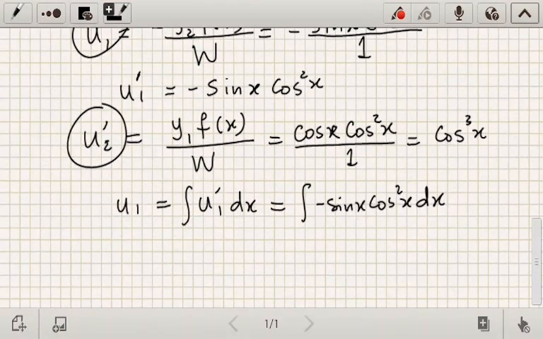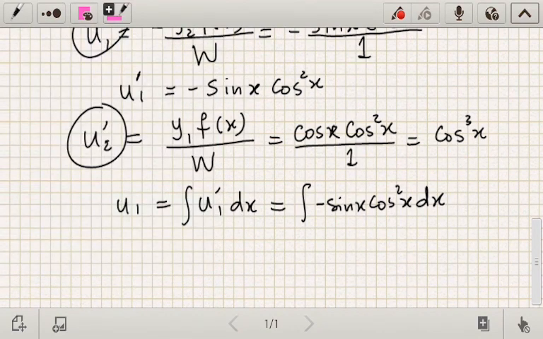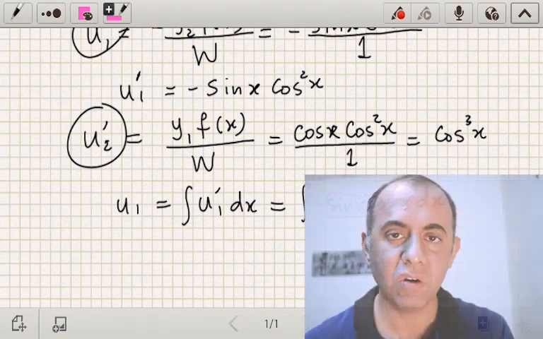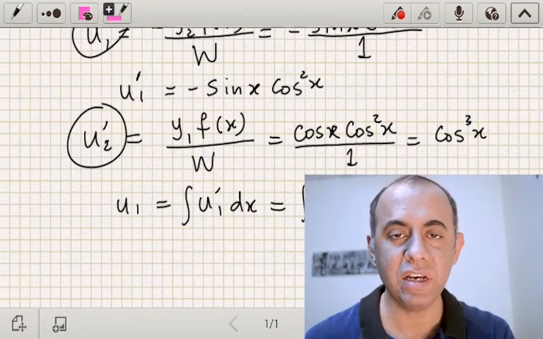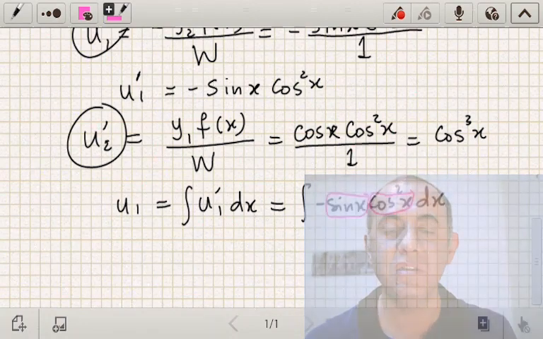For this integration, we can see that whatever is here is available to us here in its derivative form. In other words, since we know that the derivative of cos x is minus sine x, we can use substitution to make use of this.